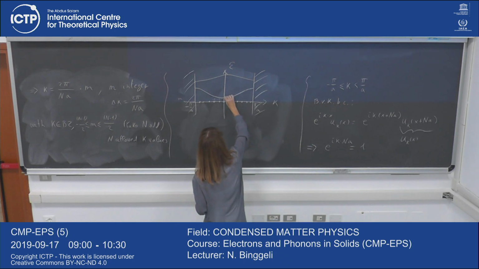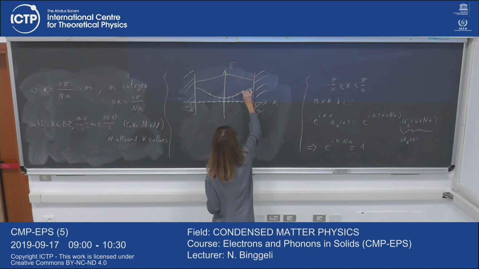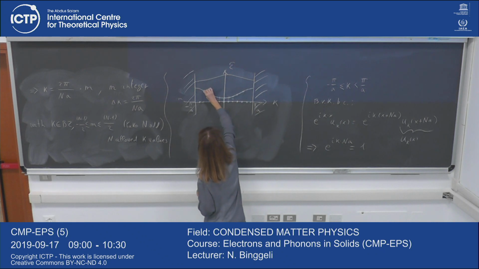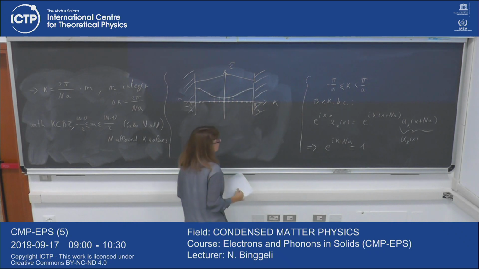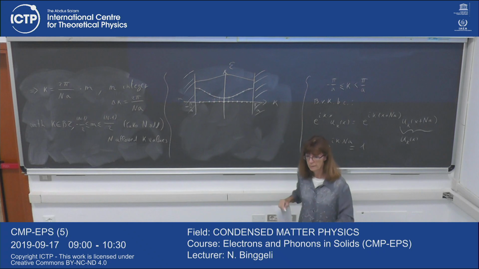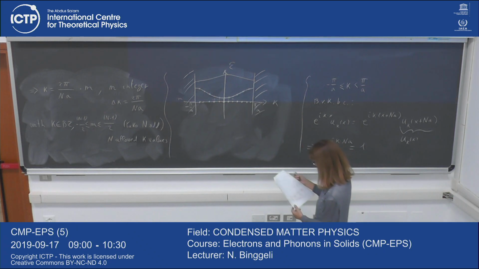And then, of course, I will have these states that will correspond to these k points, the psi k, that are the allowed Bloch states that fulfill the Born-von Karman boundary condition.